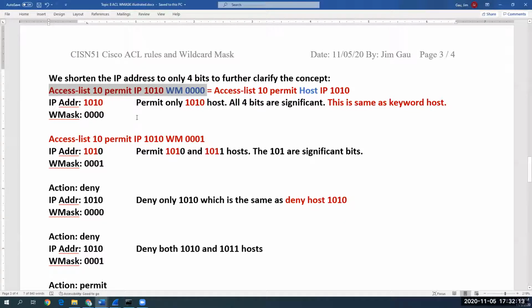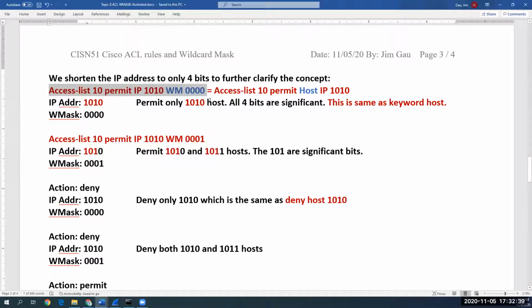Okay. So all the rest of us holding the card with any number other than 1010, this rule doesn't apply to me, to us. We just have to wait and see if there is a second rule to allow us to get in. But according to this first rule, there's only one person that holds the card with 1010 can go in.